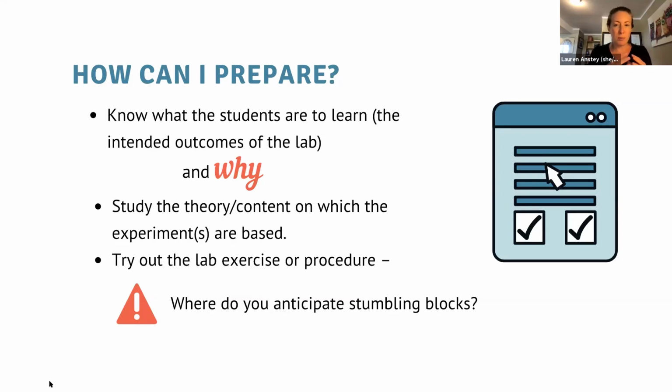And so a really important question to consider as you're working in the lab setting is, what is the intended outcome of that laboratory experience? What I mean by that is, what are students supposed to get out of the lab? What are they intended to know, do, or value as a result of that lab experience?